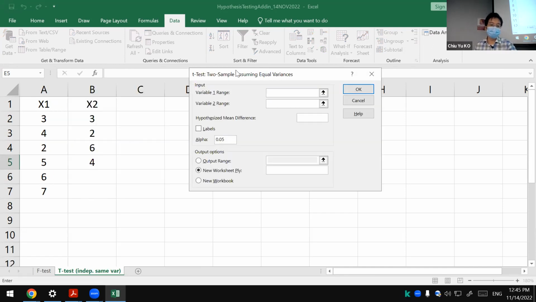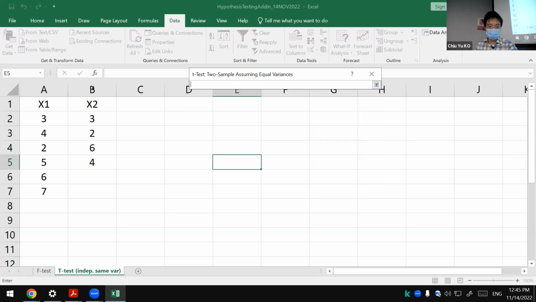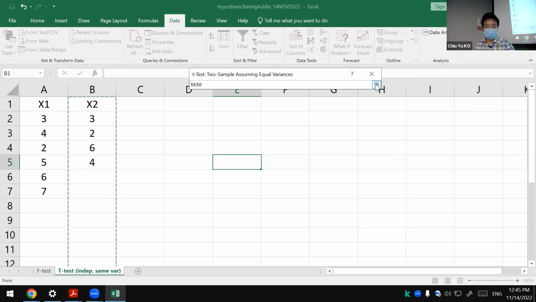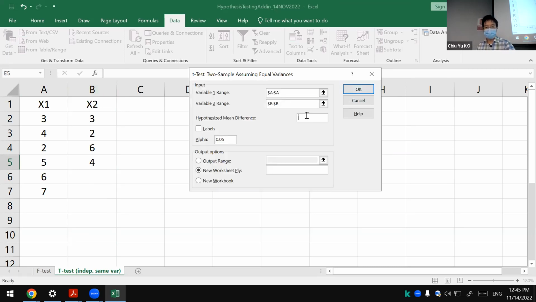We just input sample 1 and sample 2, tell it the hypothesized mean difference, which is 0 in our case, and tell it about the data labels, and it's done. For variable 1, column A, because that's what we have, and variable 2, column B. The hypothesized difference is 0, because we set the mean difference to 0.